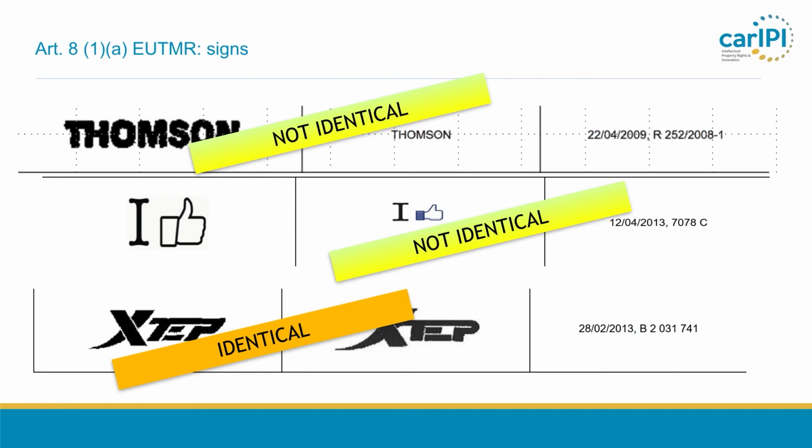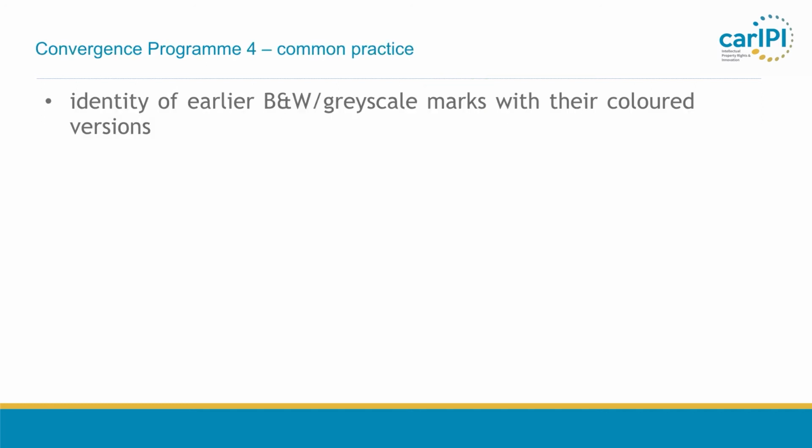Another interesting issue was subject to a common convergence program. That was a program of the European Trademark and Design Network, where the office and a number of trademark offices within the EU agreed on a common approach in case of earlier black and white and grayscale marks and their colored versions, to reply to a question if they are considered identical.